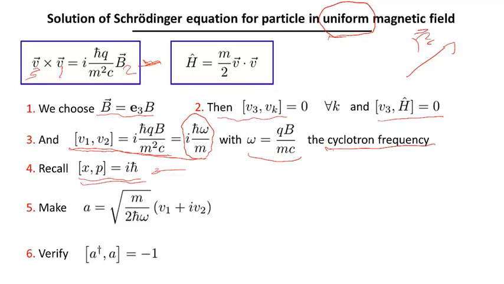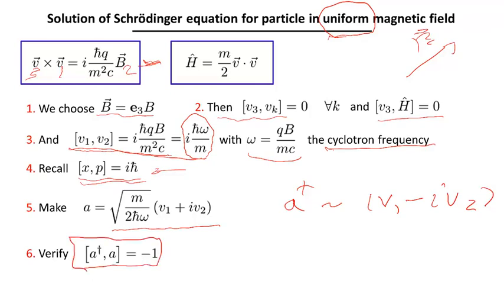So we can now define a linear combination of the V's. So here's this A, and then A dagger would be the same thing times V1 minus i V2, because the V's are Hermitian. And when you do this, you find that you get this commutation relation.